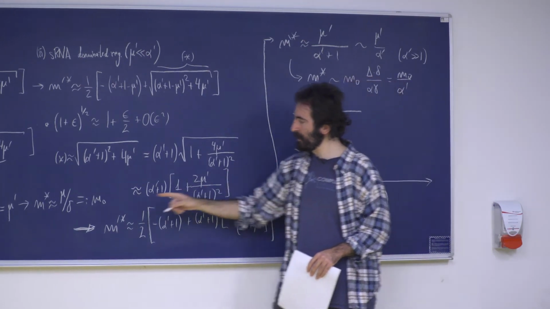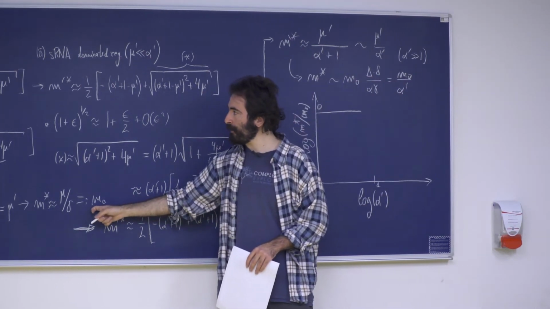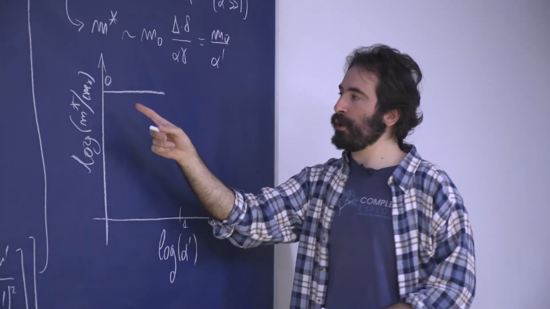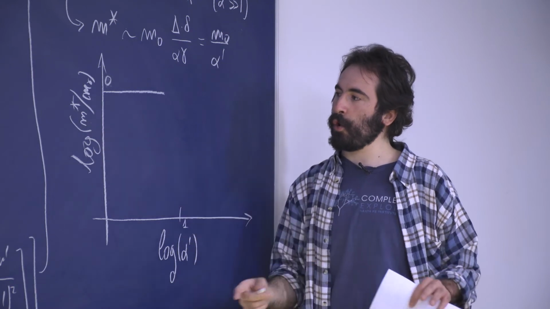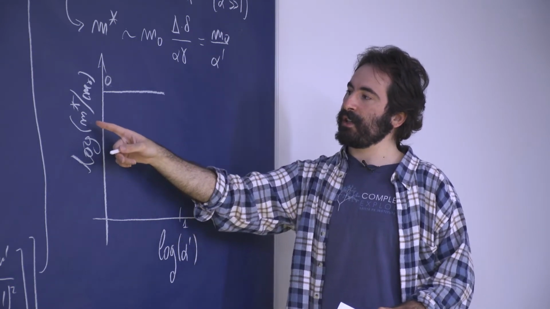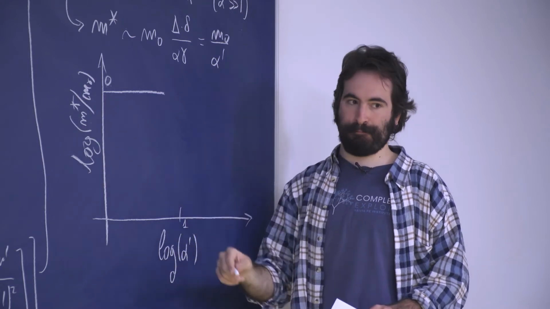We know that this happens for the low alpha regime, which is what we have explored over there. So this 0 here is not telling us that there's no concentration of mRNA. It's just telling us that the concentration of mRNA here is exactly m naught.